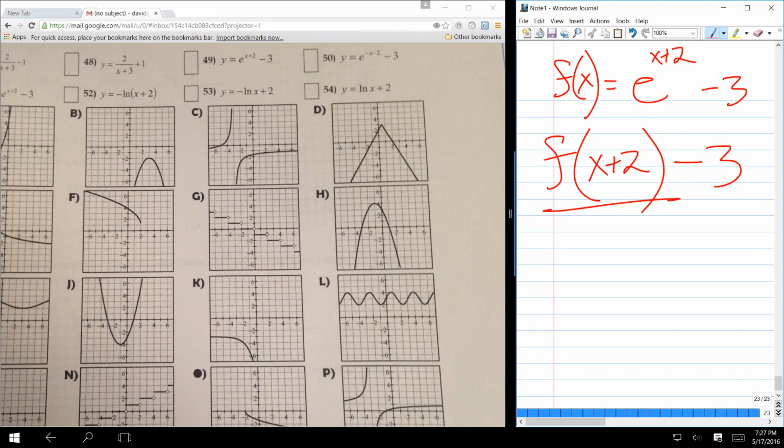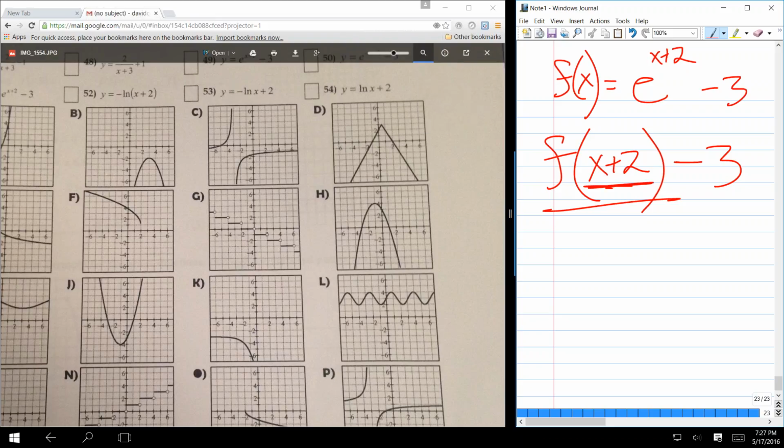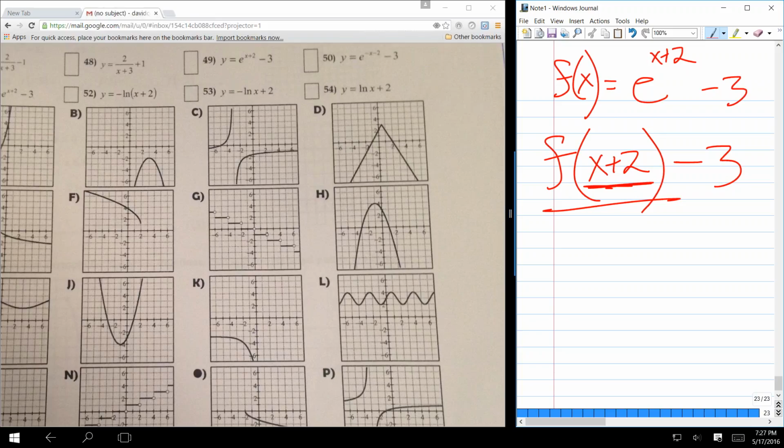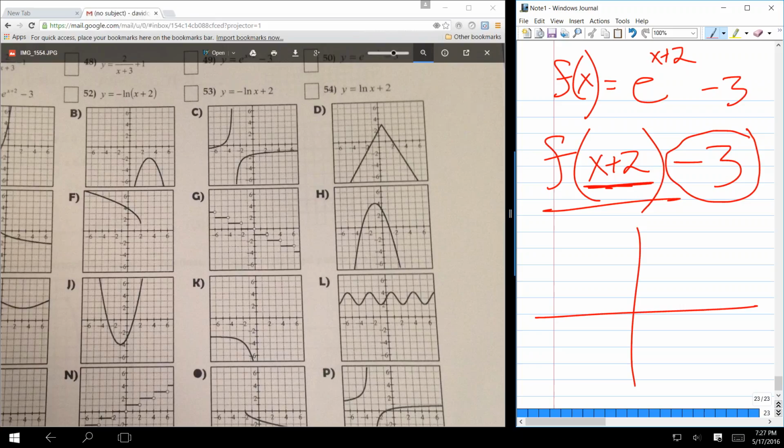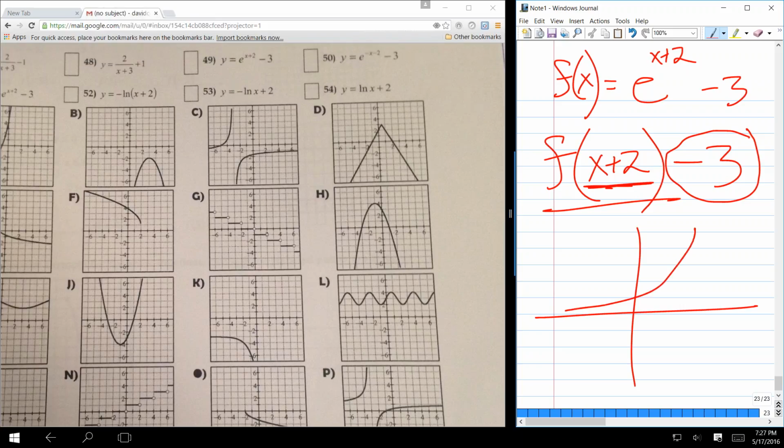Horizontally, correct. And you know it's horizontal because it's inside the parentheses. Whereas this is outside the parentheses, so that has to be vertically down. So all we're looking for is the e to the x function that's been shifted left and down.